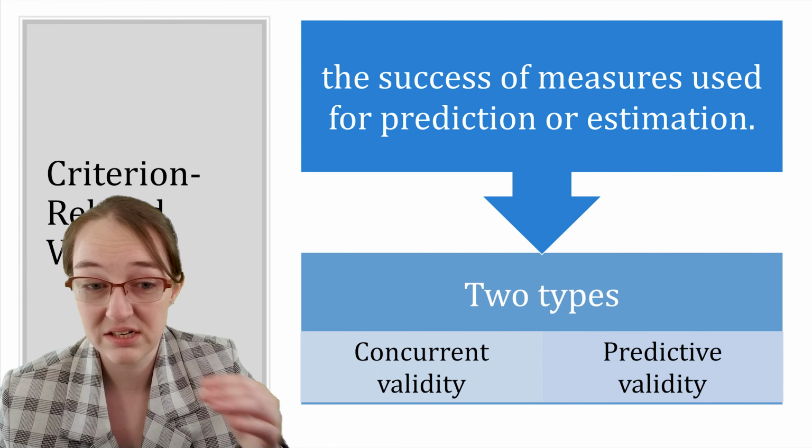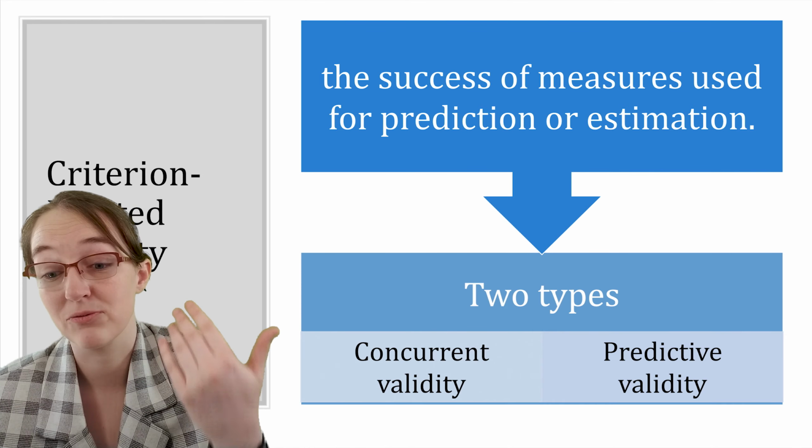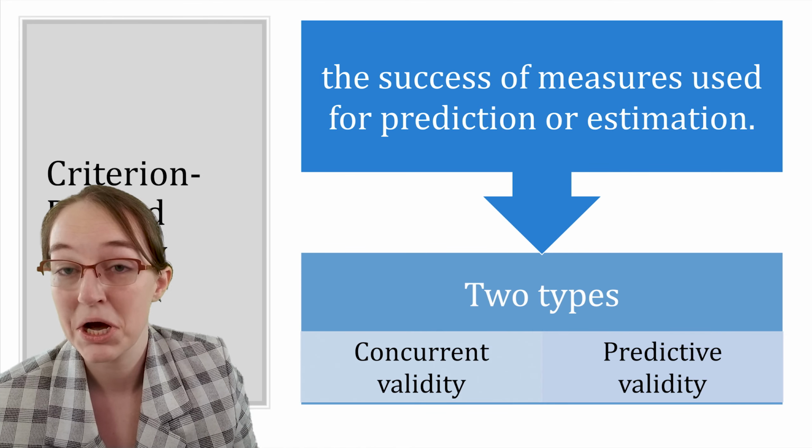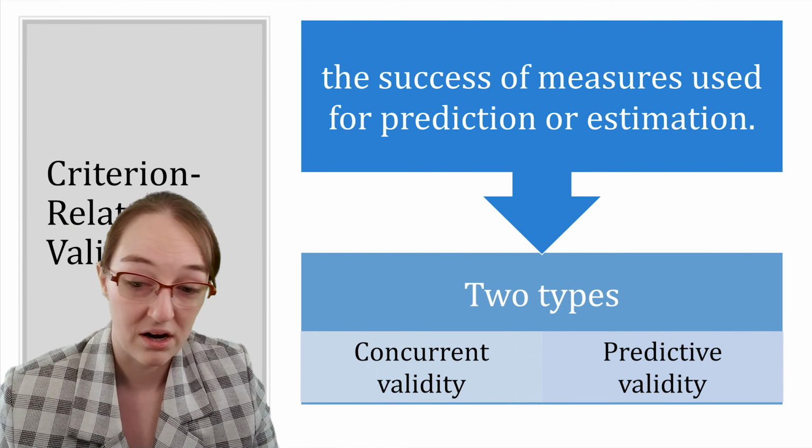The distinction is based on the intended purposes or the intended use of the score from our test. Predictive is for predictive purposes. Criterion validity is limited because it doesn't actually require our test to be a reasonable measure of the construct, only that it's related strongly with another measure of the construct.